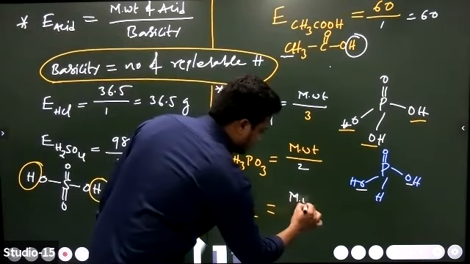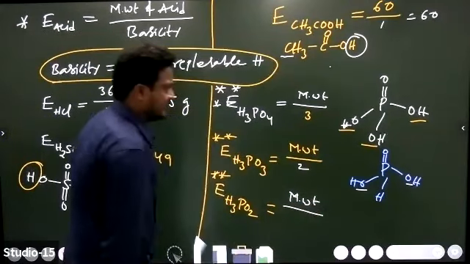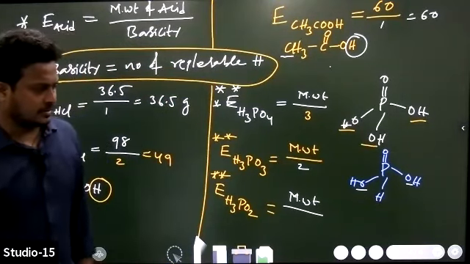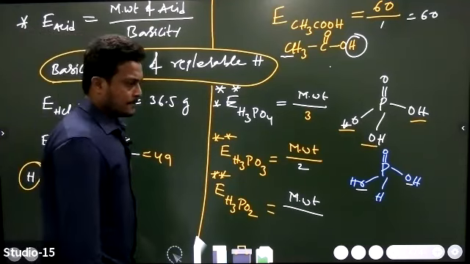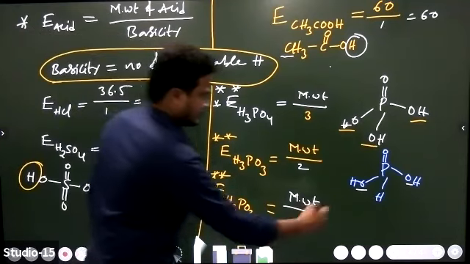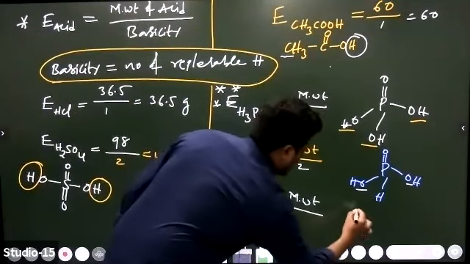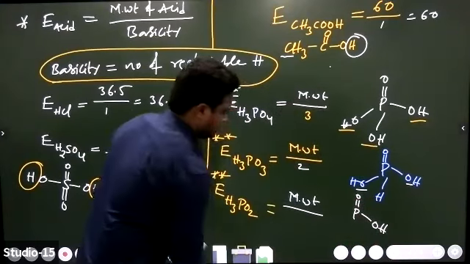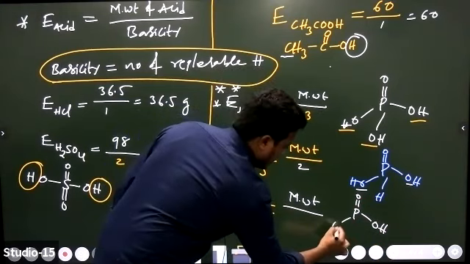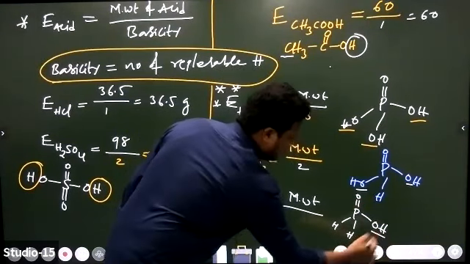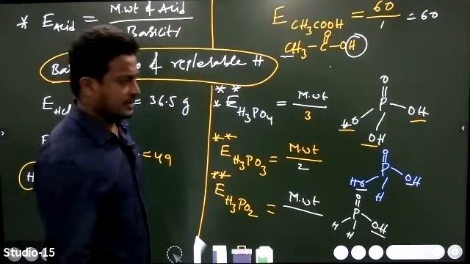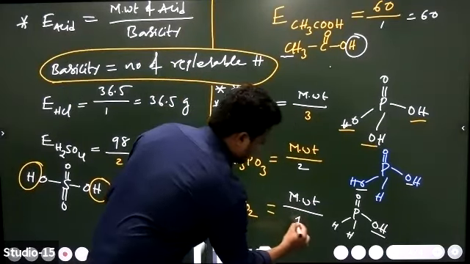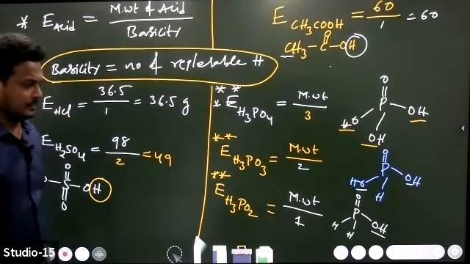What is the basicity of hypophosphorus acid, H3PO2? The structure of H3PO2 is P double bond O, OH, and two hydrogens. Only one OH is there, so only one hydrogen is replaceable. So that is 1.